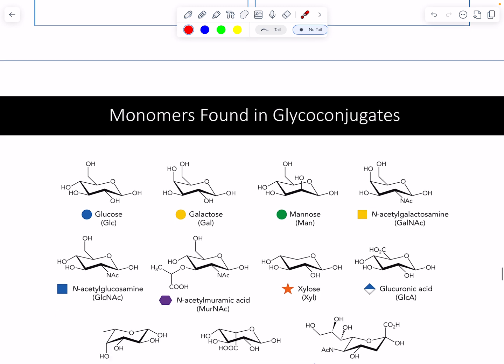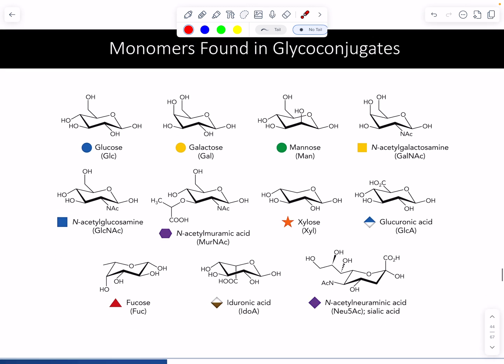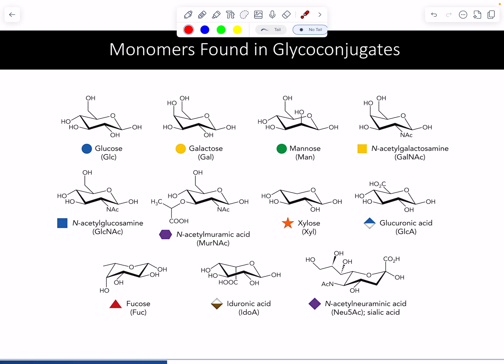So let's look at some of the monomers that are found in glycoconjugates. I'm going to remind you that all of our monomers can be represented by one of these symbols that are shapes. The glycoconjugates combine both modified monosaccharides and unmodified ones.